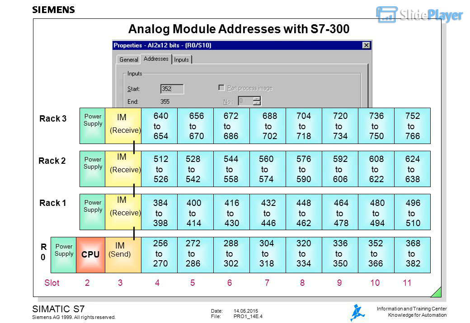IM receive, power supply. Rack 1: 384, 398, 400, 414, 416, 430, 432, 446, 448, 462, 464, 478, 480, 494, 496, 510. Power supply, IM receive, address area.